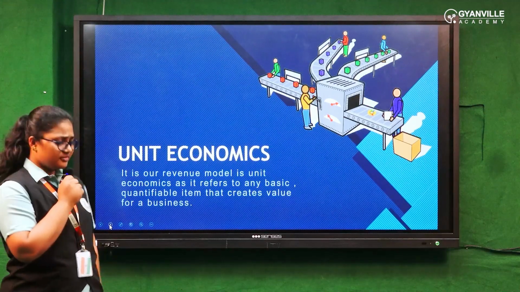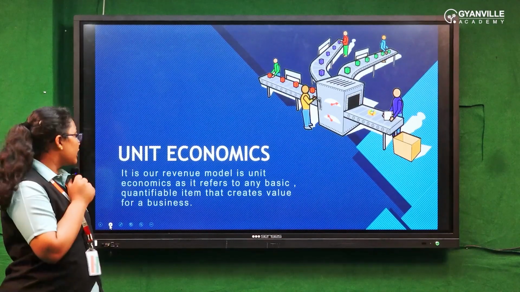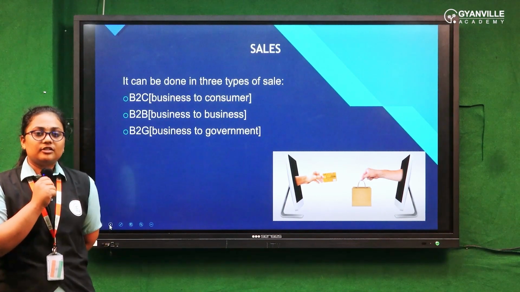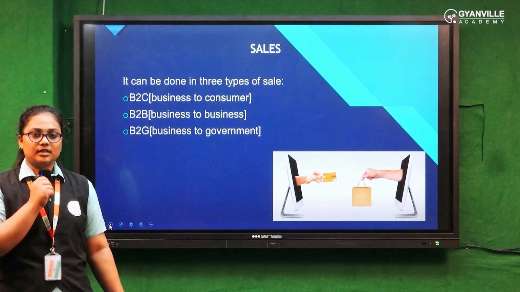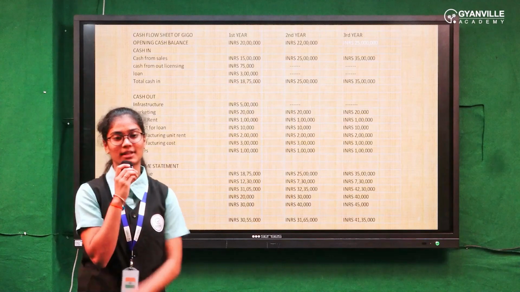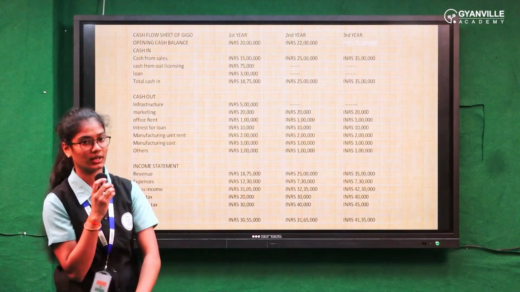We chose it because we are going to manufacture our own alarms and sensors and bring them into the market.